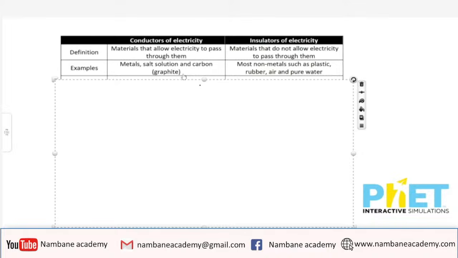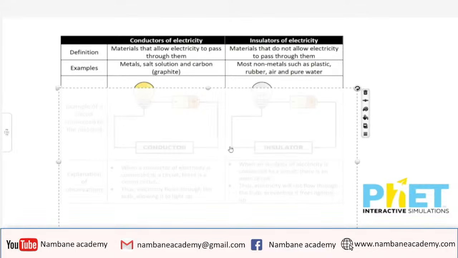Carbon as well, there's graphite in the pencil, so you can use a pencil to complete a circuit. Your insulators don't allow electricity, so most of the non-metals: plastic, rubber, air, and yes, pure water as well. You need other ions for the water to pass electricity.